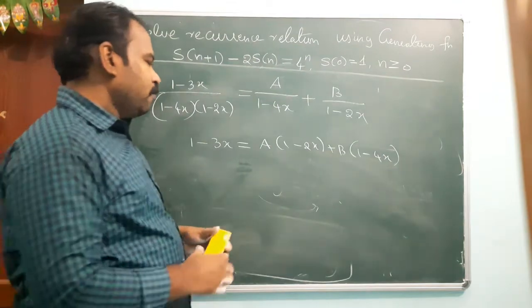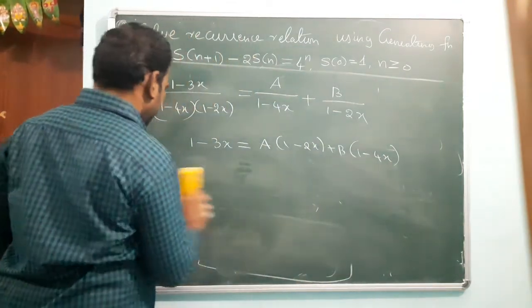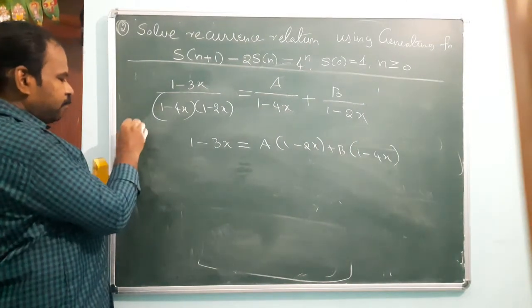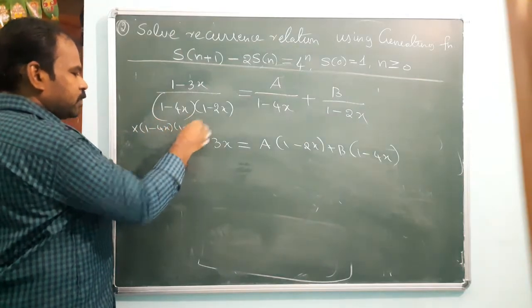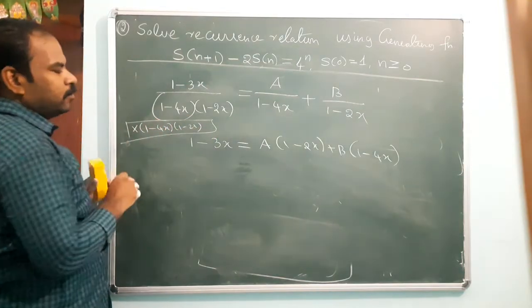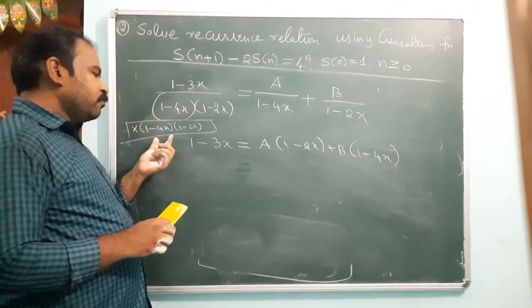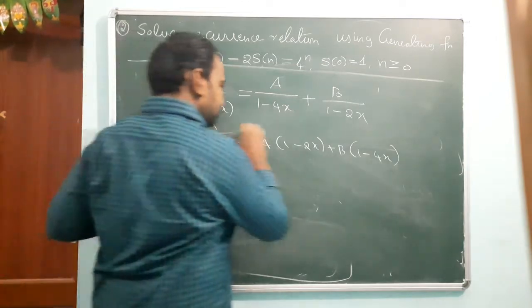Now we want to find the values of A and B using some conditions. First, we multiply (1 minus 4x)(1 minus 2x) on both sides, and we get this result.